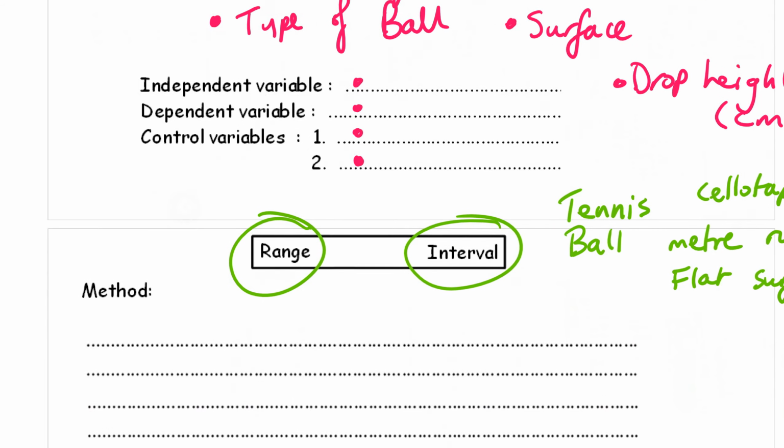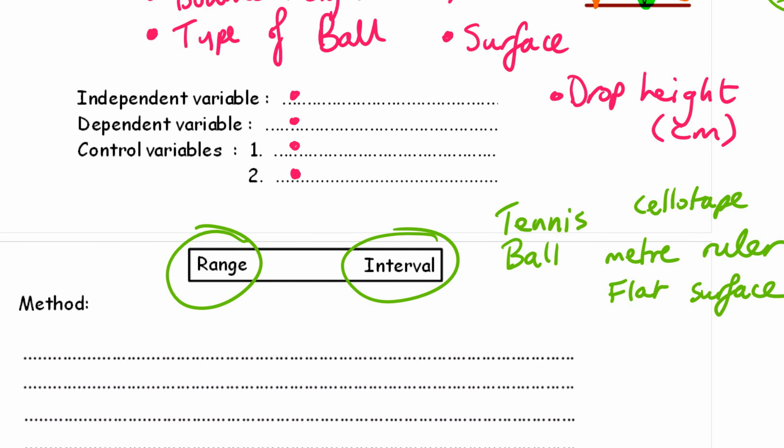So you can put that into your method as well. The independent variable, the drop height, the range was from 0 to 100 centimeters and the interval was 20 centimeters.